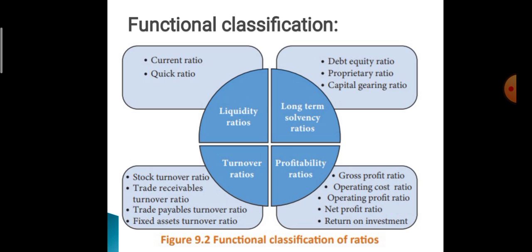Proprietary ratio is equal to net worth divided by total assets. Net worth is equal to equity share capital plus preference share capital plus reserves plus undistributed profits minus fictitious assets. Total assets is equal to non-current assets plus current assets. So like this we will be calculating the proprietary ratio.